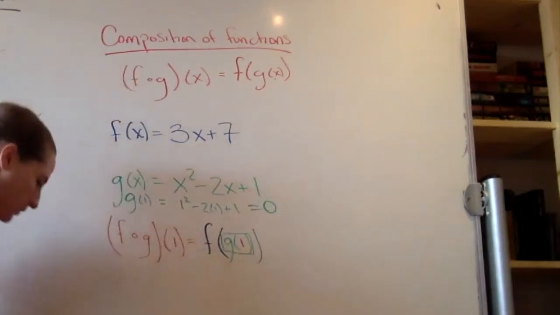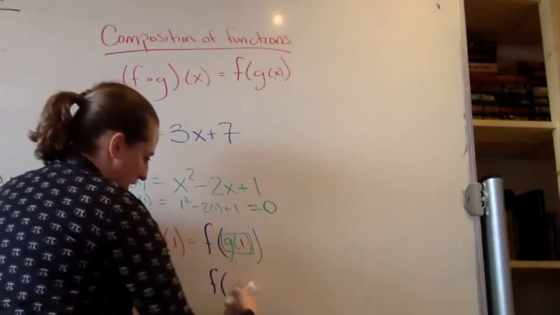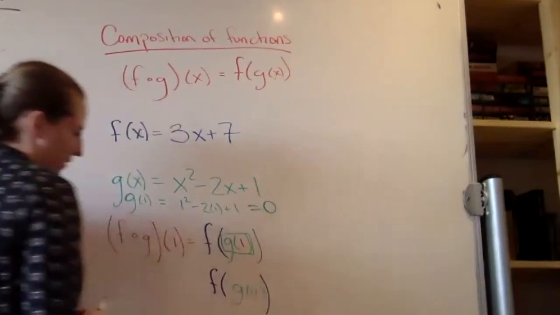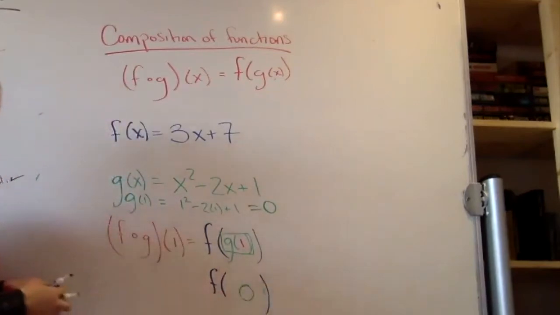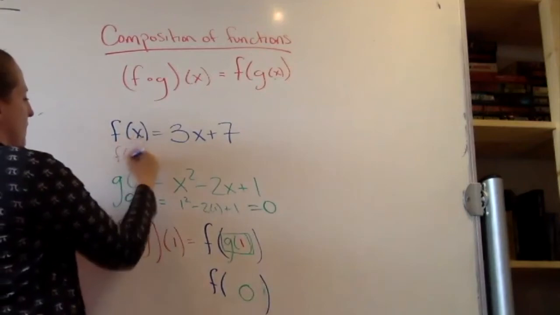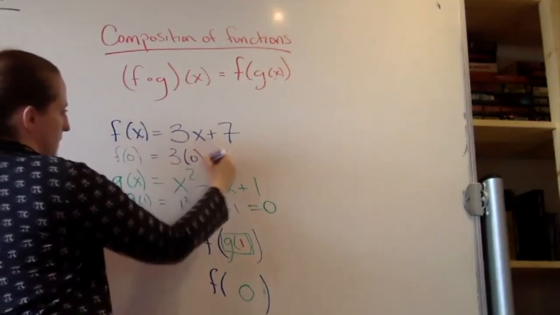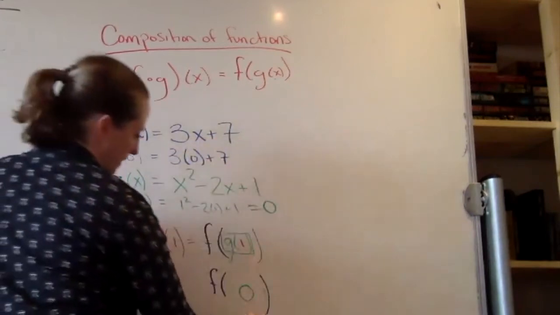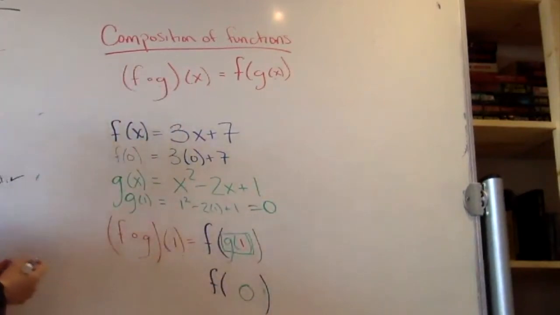So that means I can think of f of g of 1. g of 1, though, is 0. So now I'm thinking of what is f of 0? f of 0 means everywhere up here that I had an x, I'm replacing that x with 0. 3 times 0 is 0, plus 7 is 7. So f composed with g of 1 is 7.